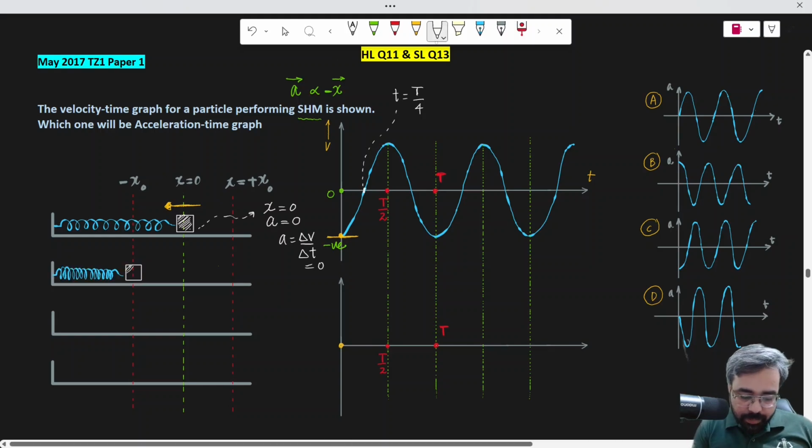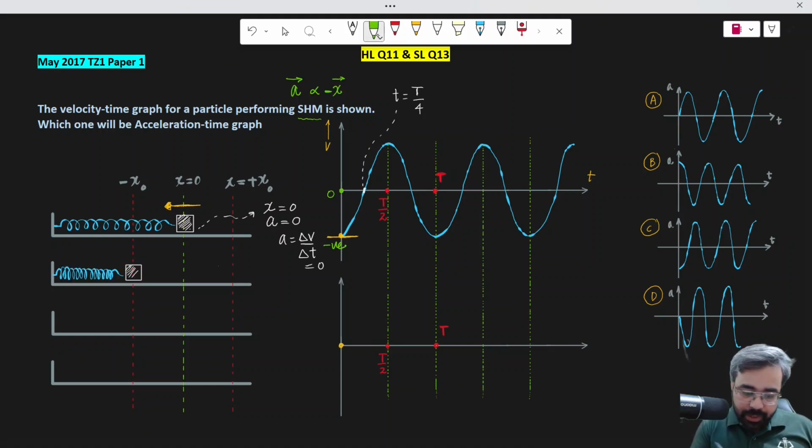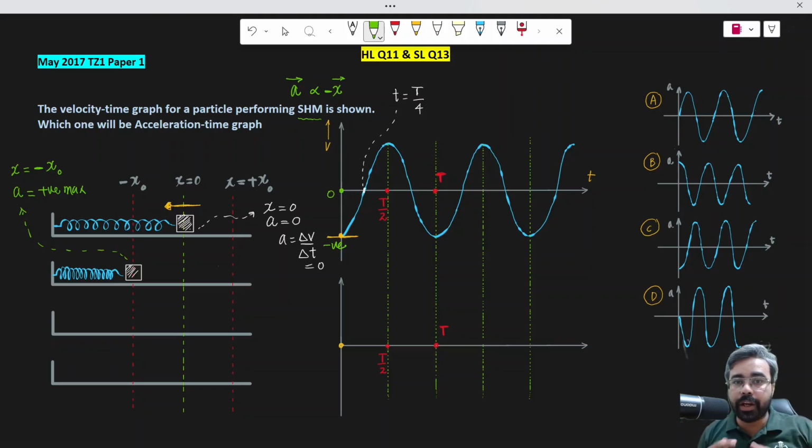This is a position which we say is the negative extreme position, where the displacement is maximum negative. But since the acceleration is directly proportional to displacement, and always in the opposite direction, at that point the acceleration must be the positive maximum value, which is exactly endorsed from the graph when you try to find the gradient.